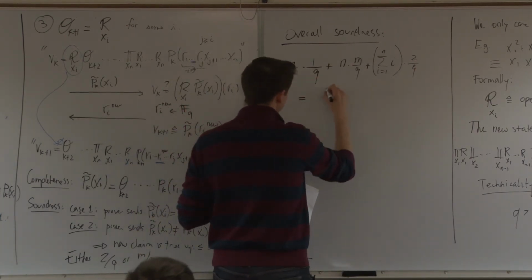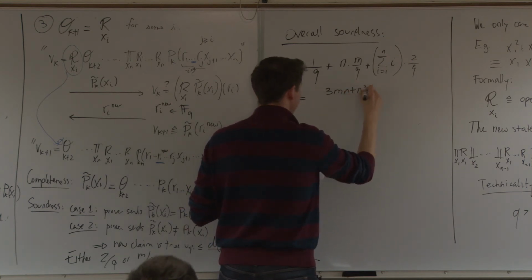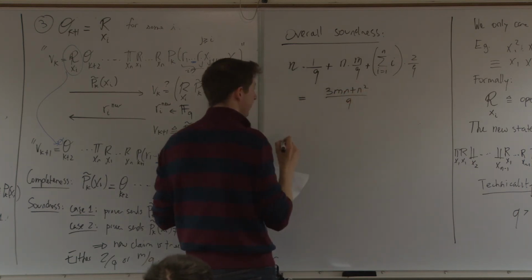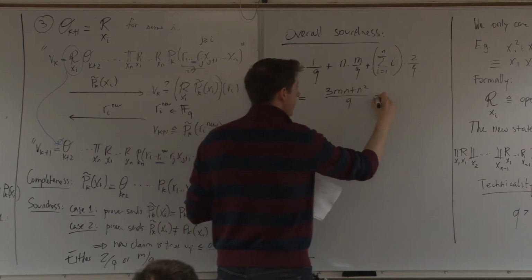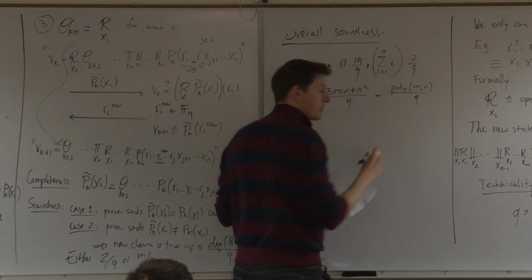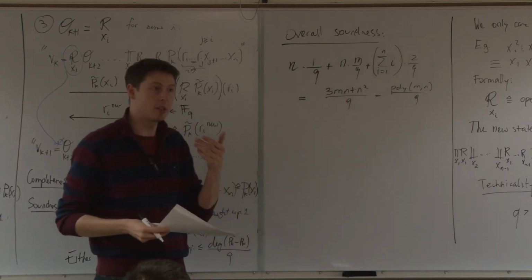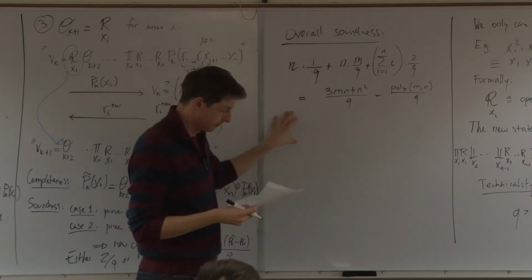So in the end, we have something that is 3mn plus n squared, if I didn't mess up my computations, which is poly mn over q. That's why I said earlier that we need q to be at least some polynomial in m and n. Okay?